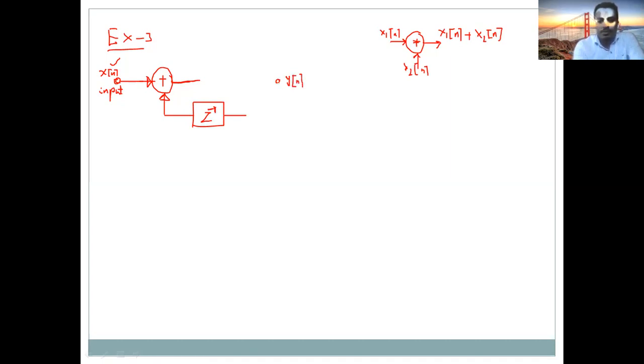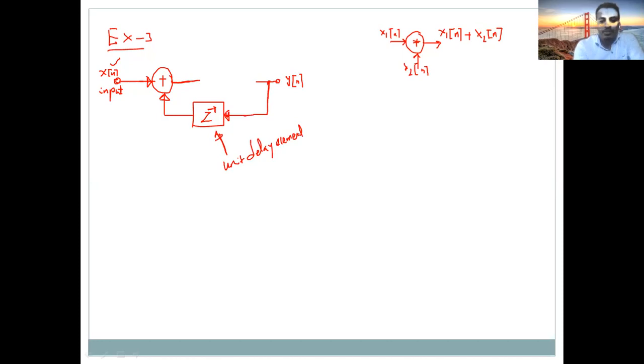From the output signal, look here, it goes back as feedback. As a feedback, we apply it to this unit delay system. This element is called a unit delay element, or memory element.